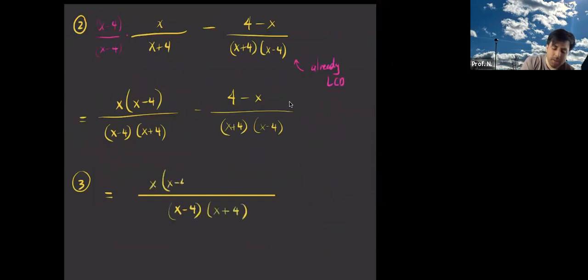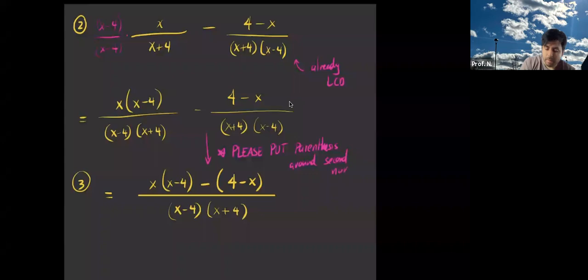Now, the only thing I beg of you to do is this next step, because if not, you'll get the wrong answer every time. When you subtract, please put parentheses around the second numerator. Why?